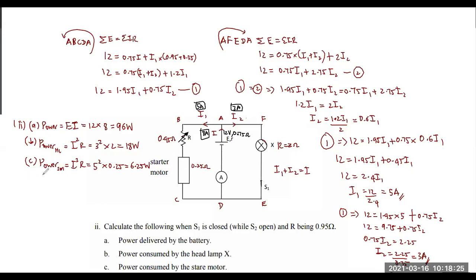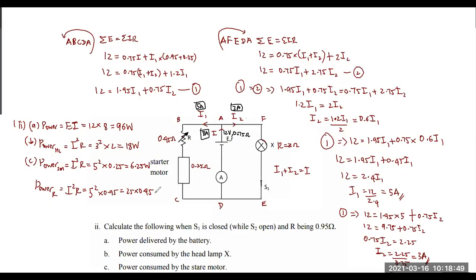Let's find this also. Next one, power dissipation in R. How do you find that again? I squared R. So there will be again 5 squared into this value 0.95, equal to 25 into 0.95.